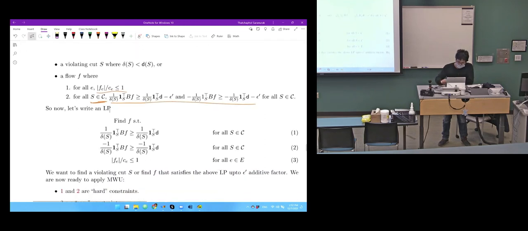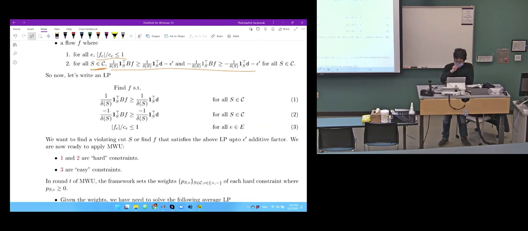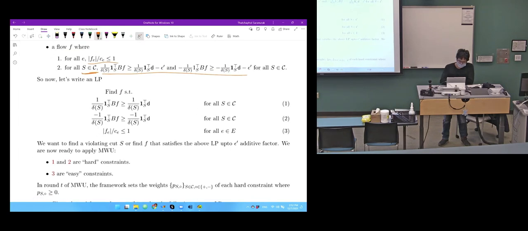So now we get this LP basically: find f such that these things are true. Two linear constraints, and this is done. And now this looks like something where you can use multiplicative weight update to solve it, right? But we are out of time.